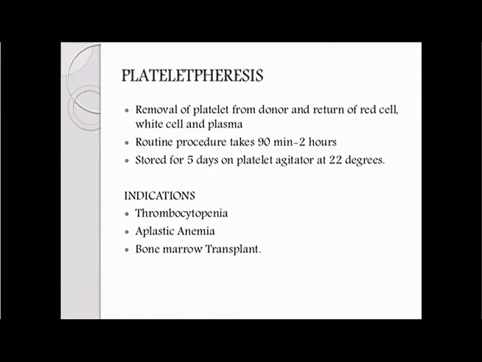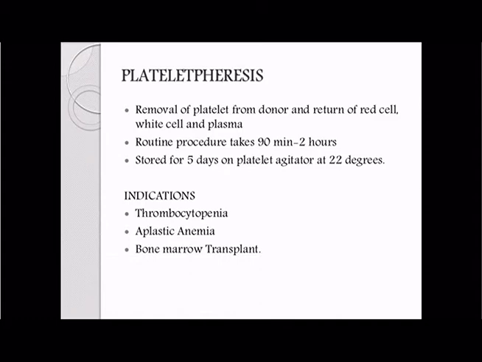Routine procedure takes about 90 minutes to 2 hours. This collected unit can be stored for 5 days, but as usual platelets are stored at a temperature of 22 degrees centigrade with continuous agitation, that is, in a platelet agitator.